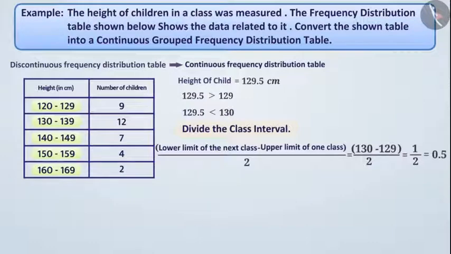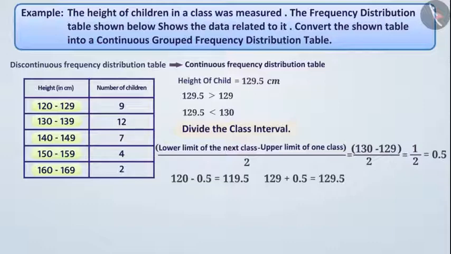Now we will subtract 0.5 from the lower limit of each class, such as 120 minus 0.5 is equal to 119.5. Similarly, we will add 0.5 to the upper limit of each class, like 129 plus 0.5 is equal to 129.5.